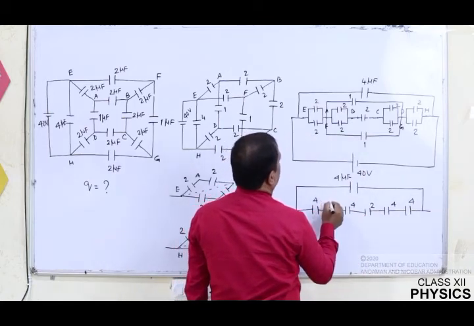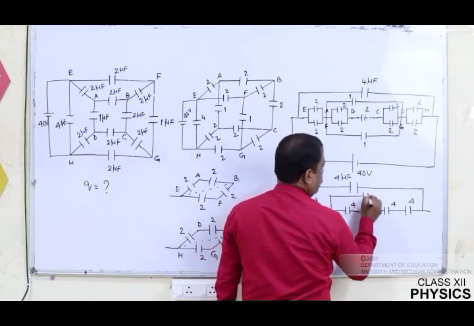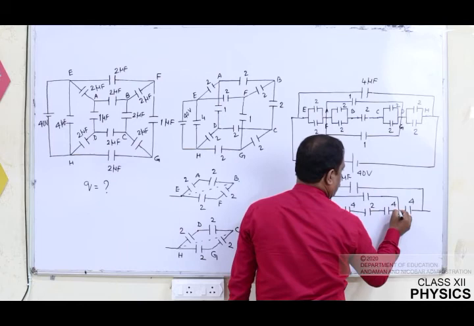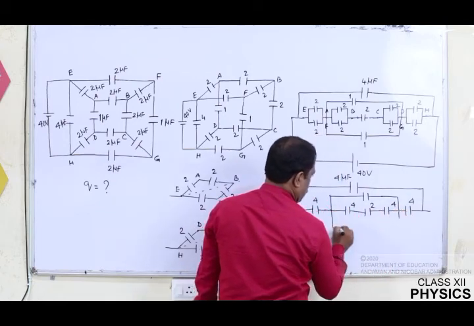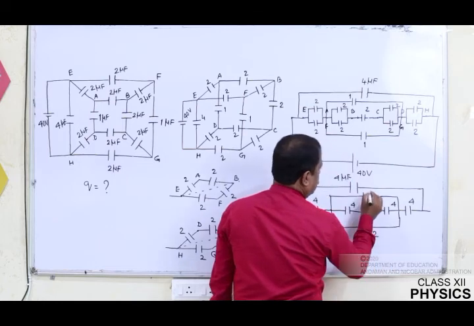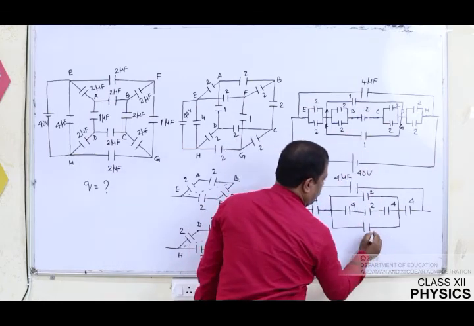And here we have this is 2, this is 2, this one and this one, rather it is 1.